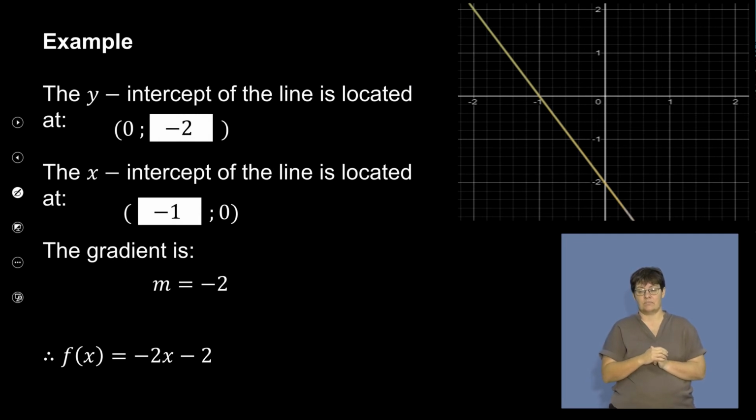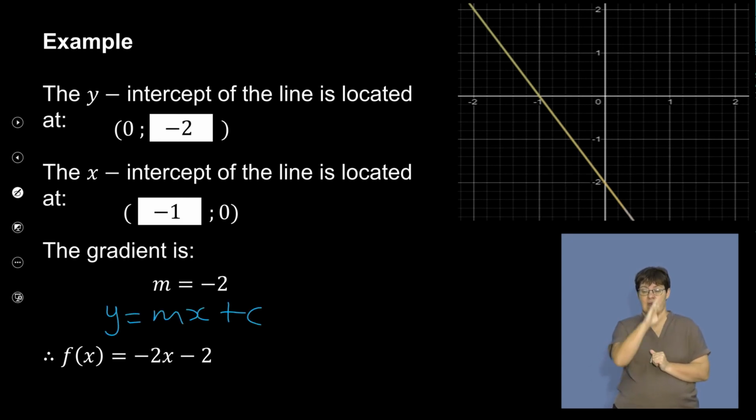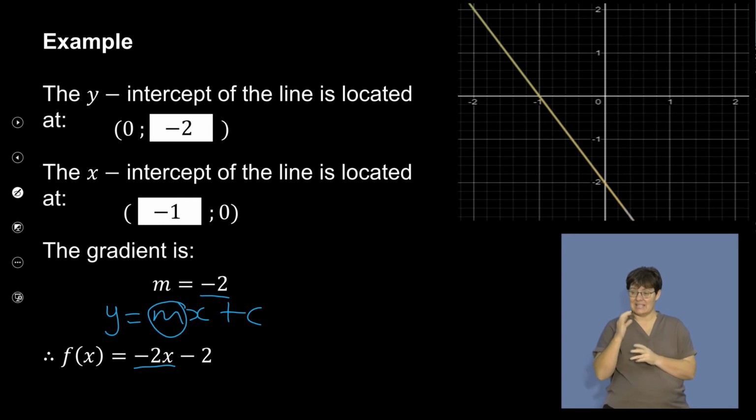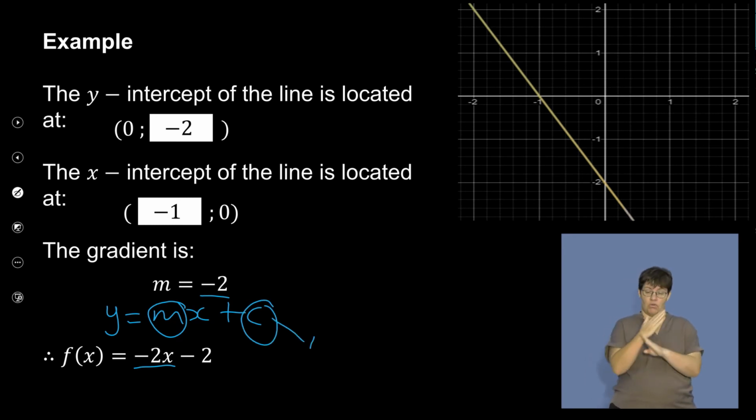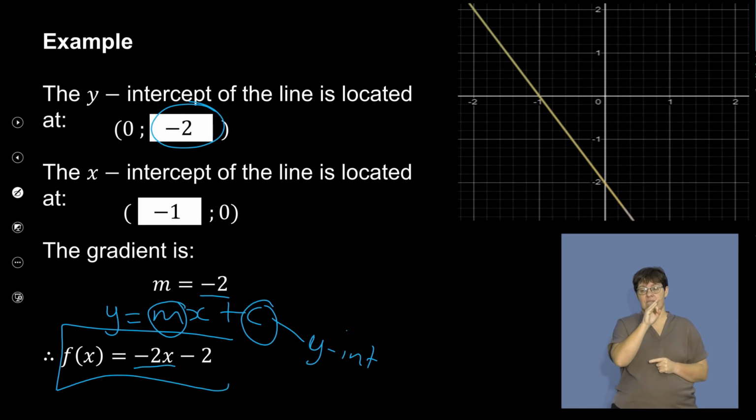And then if we want to write the formula, remember the formula is given by y is equals to mx plus c. The m value is the gradient, which is -2. There you have it, -2x. The c value is the y-intercept, which is -2 according to the graph that we have. So my equation will then be f of x is equals to -2x minus 2.